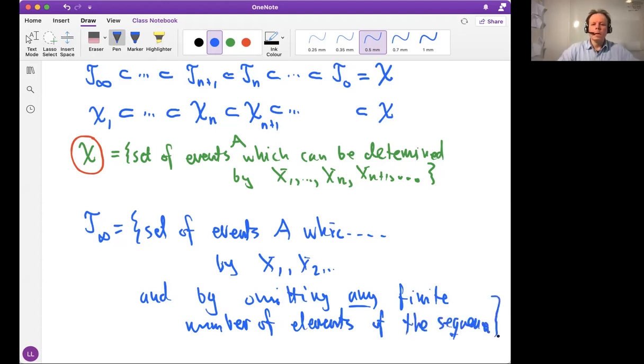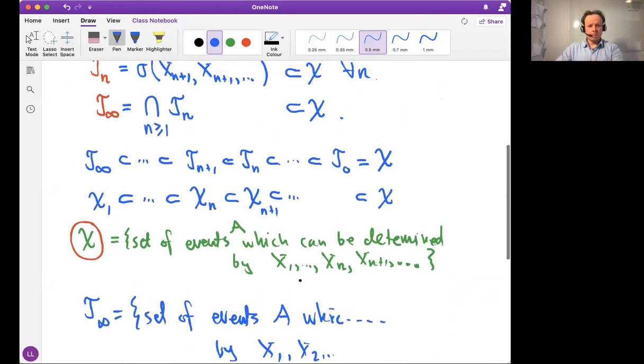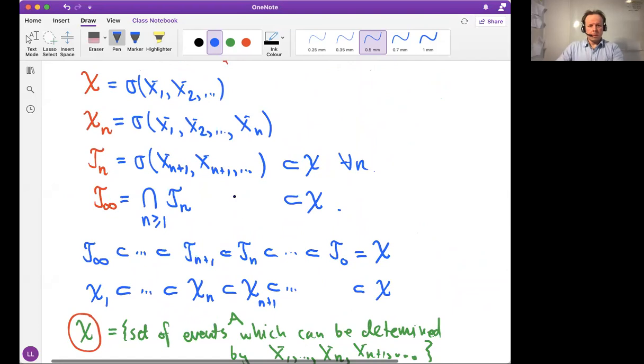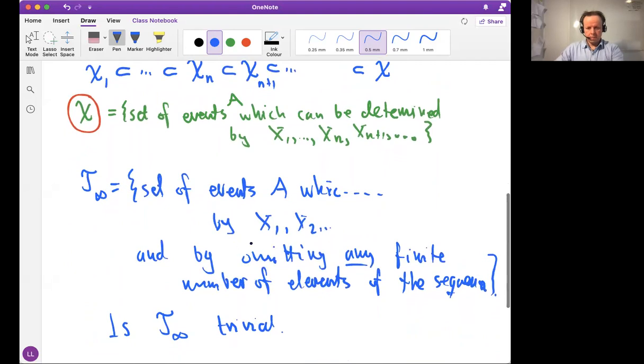Okay. That's the intuitive picture of this T infinity. Maybe the next question: should there be T1 and T2 in the T infinity definition instead of X1 and X2 in the blue one below, as in the green definition there are X's?